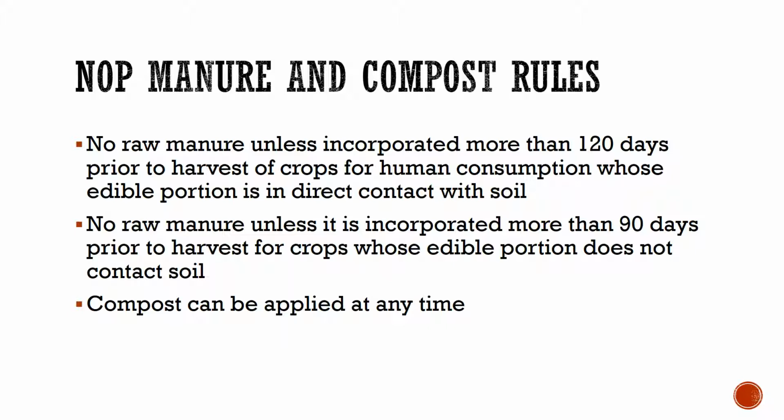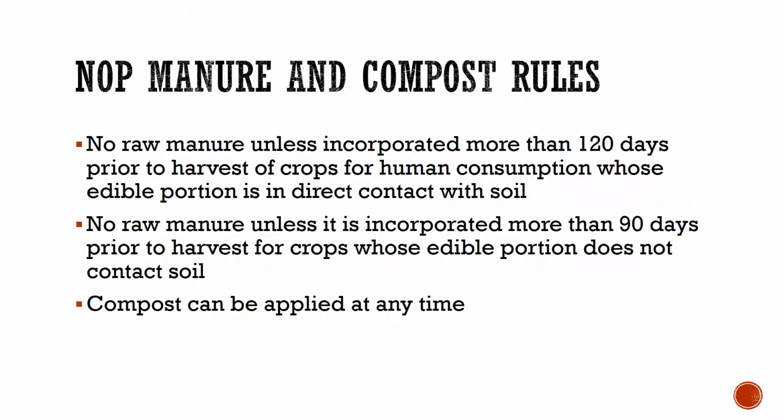Same thing, unless it's incorporated more than 90 days prior to the harvest of a crop whose edible portion does not contact the soil. That's when you really have to be very, very careful with manure, where you're buying it from, where it got tested, what the nutrient percentages are. That takes a little bit more planning as well.